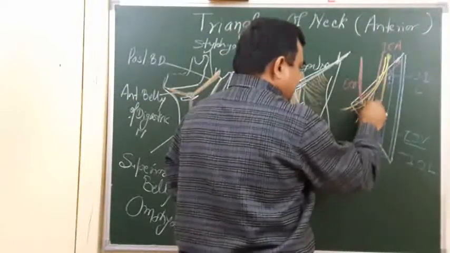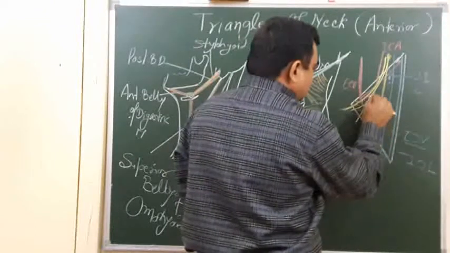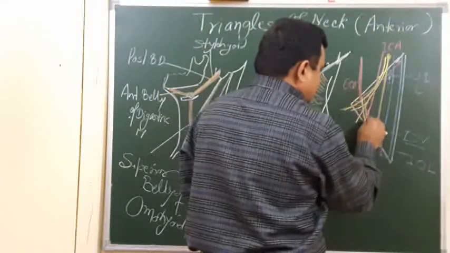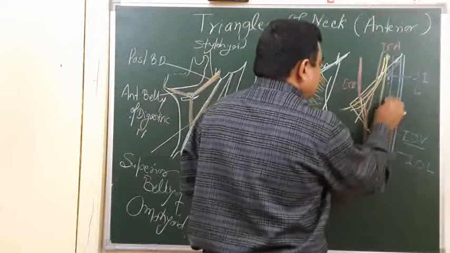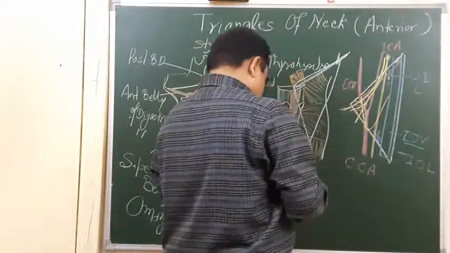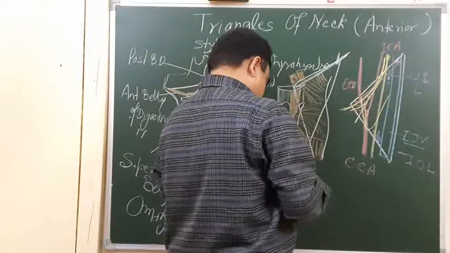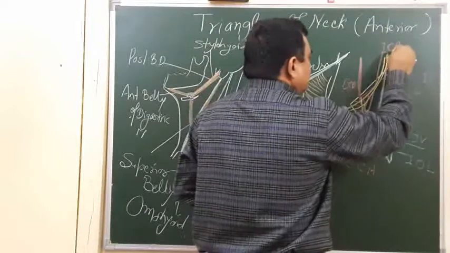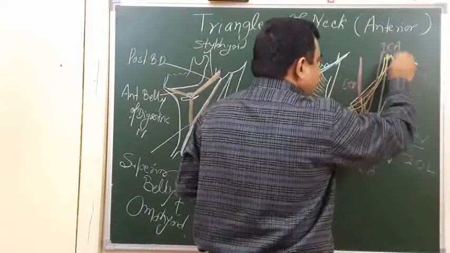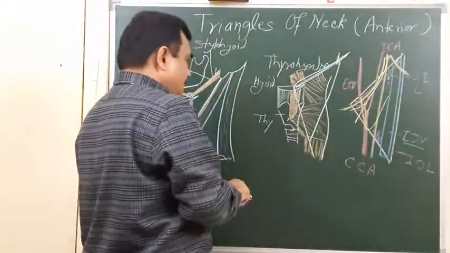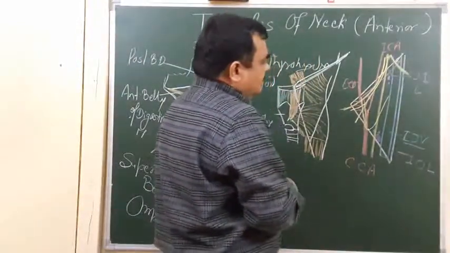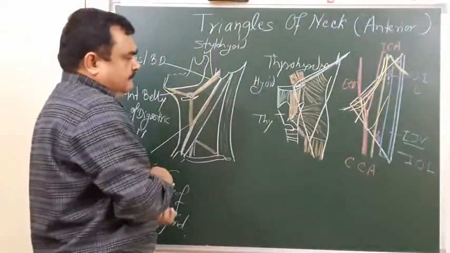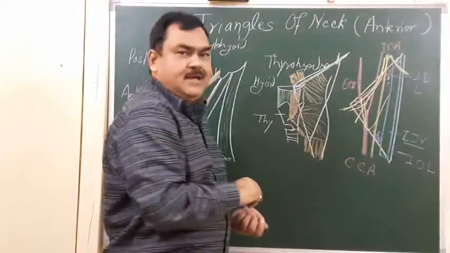It gives the ansa cervicalis here, and this is the spinal accessory nerve. So these are the contents of this carotid triangle.